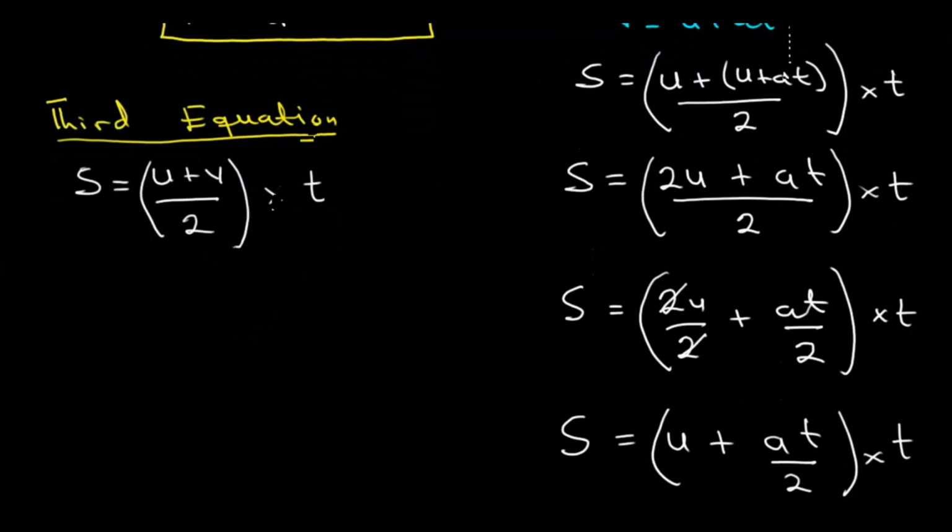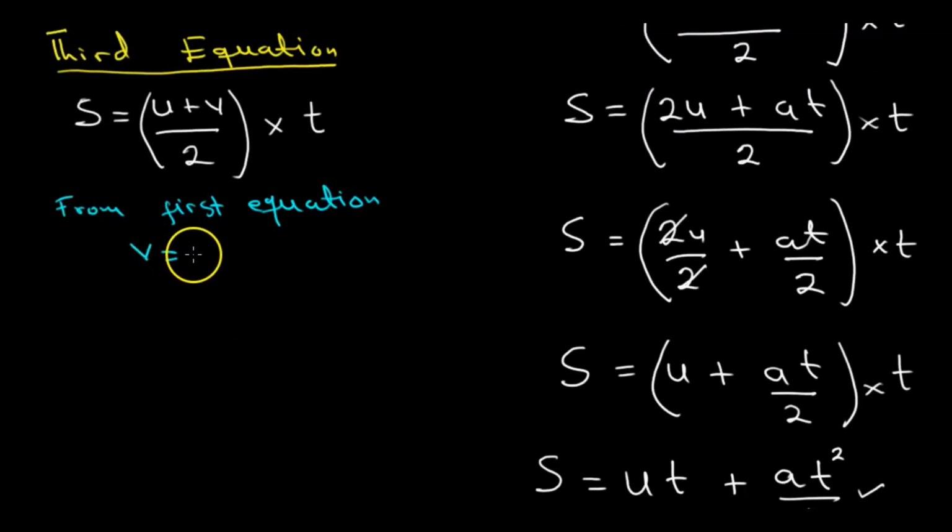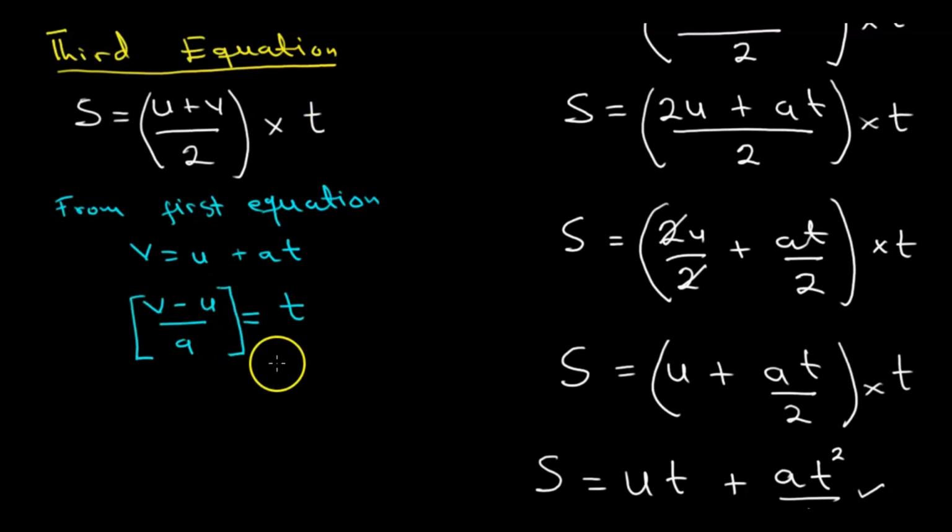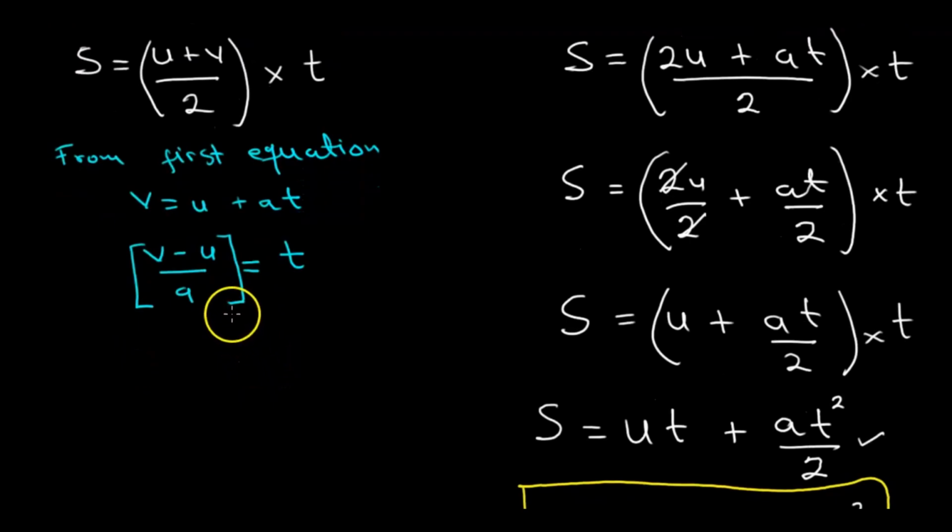So from the first equation, v equals u plus at. I want to make t the subject, so I get v minus u over a equals t. In place of t, I'm going to substitute v minus u over a.